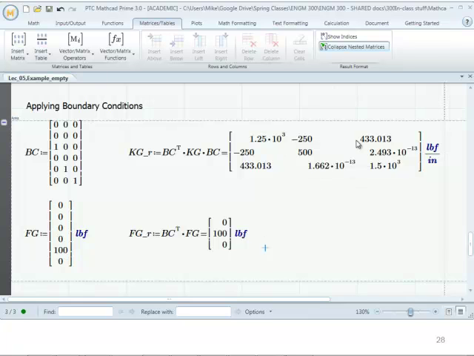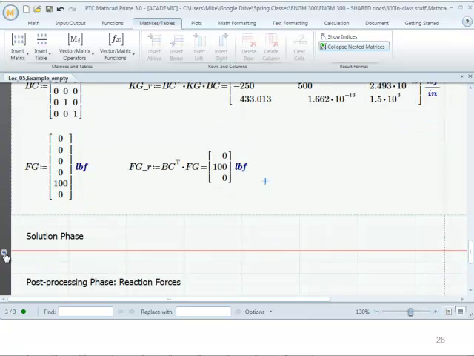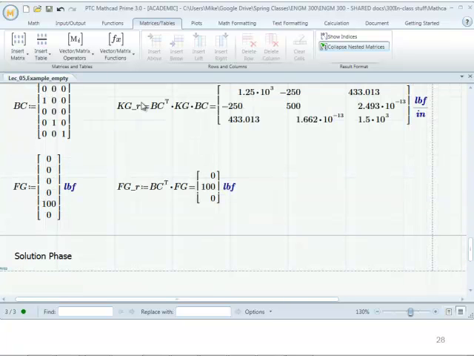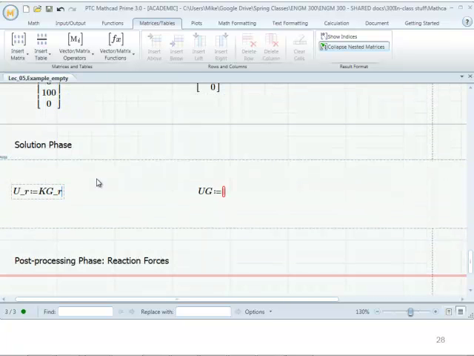All right, so now that we've reduced them, we've reduced our stiffness matrix. We applied the boundary conditions. We have the force being applied. So down here in the solution phase, we're going to put those in there. So we want the final displacements. So we're going to take our kg reduced, which we just created right here, up above.